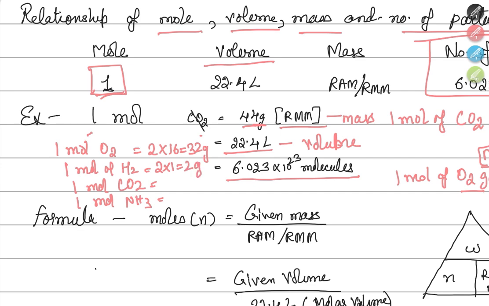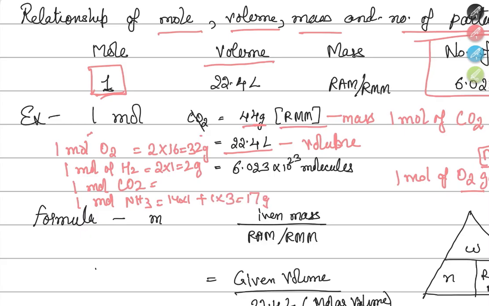For carbon dioxide, 12 into 1 plus 2 into 16, we get 44 grams. And ammonia, same way, 14 into 1 plus 1 into 3, you will get 17 gram.